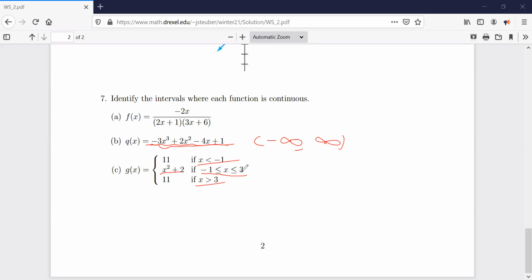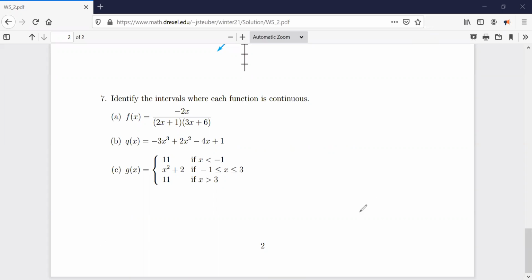But what do we still have to check? For a piecewise defined function, we always have to check the boundaries between these guys, right?